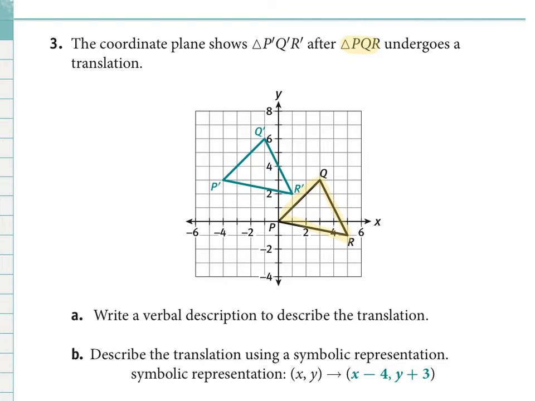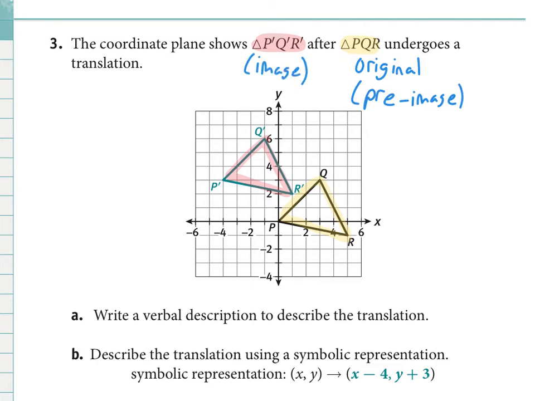Now, some translation goes on, and we are showing the final ending image here. The original is PQR, or the pre-image is the fancy word, like before anything happened, while the new one is the actual image, which is like the ending point.